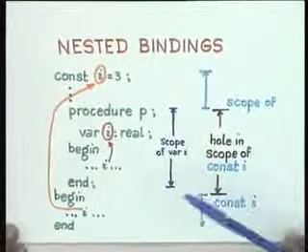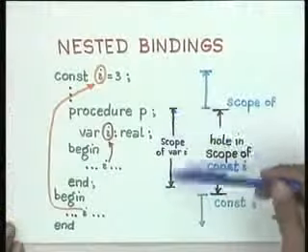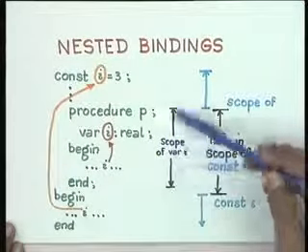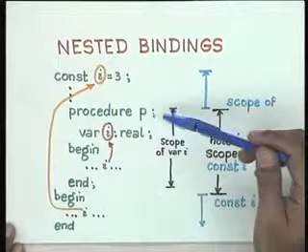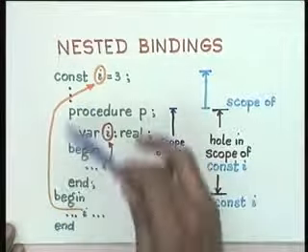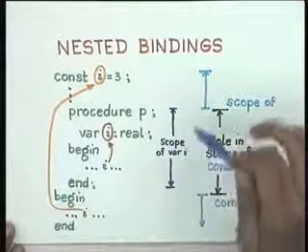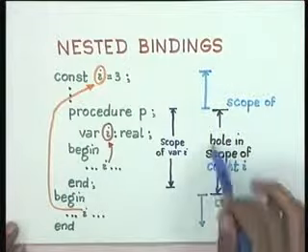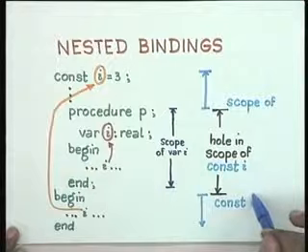And of course we have these normal lexical scope rules, right. So the scope of the variable I declared here extends through this procedure. The scope of this constant I extends through this entire fragment, provided there is no other declaration of I in an inner scope, and any other declaration of I is a hole in the scope of the constant I. Yeah.